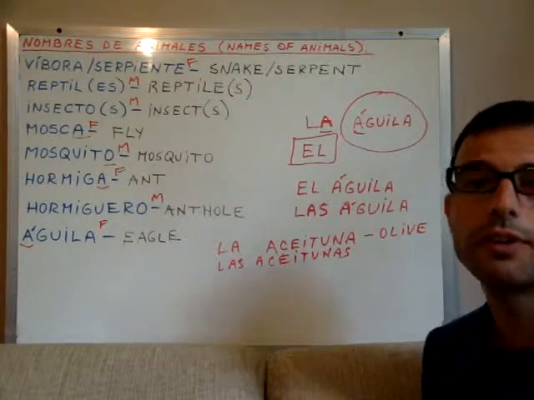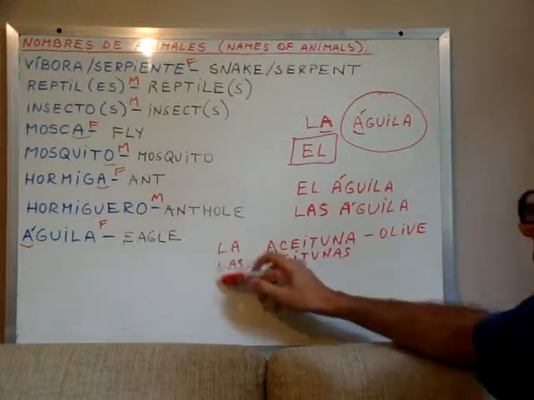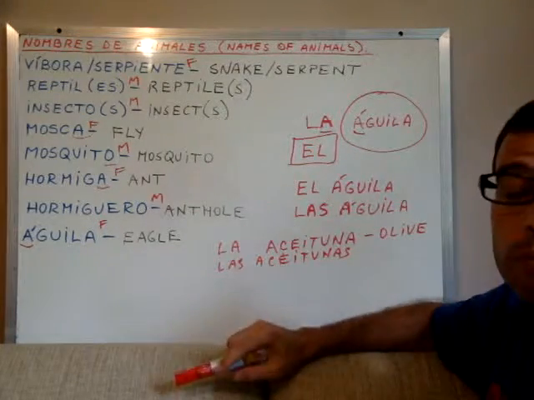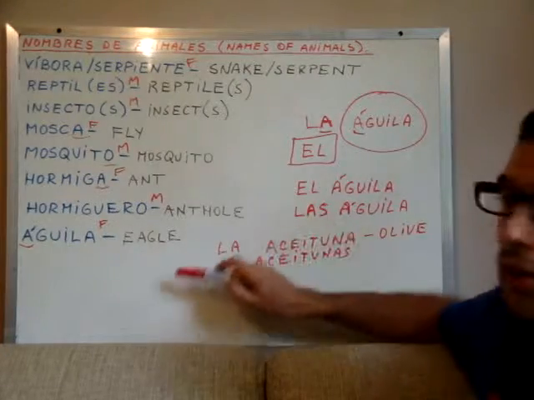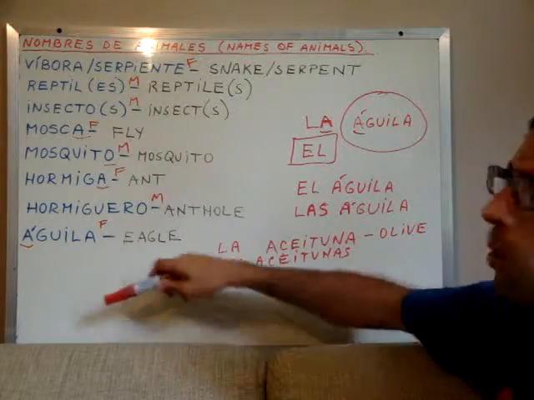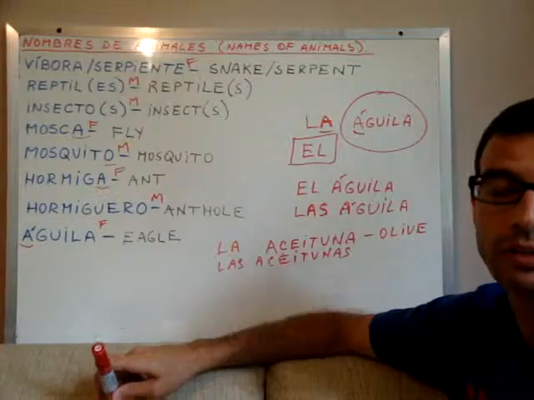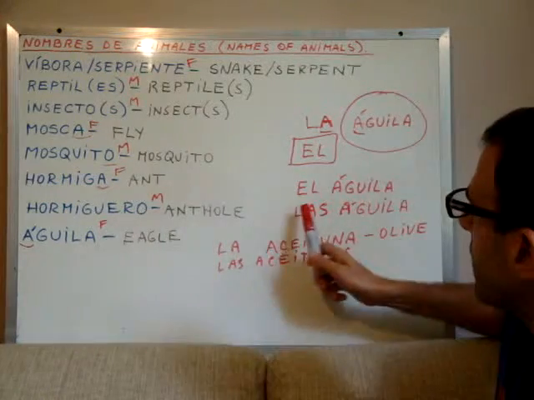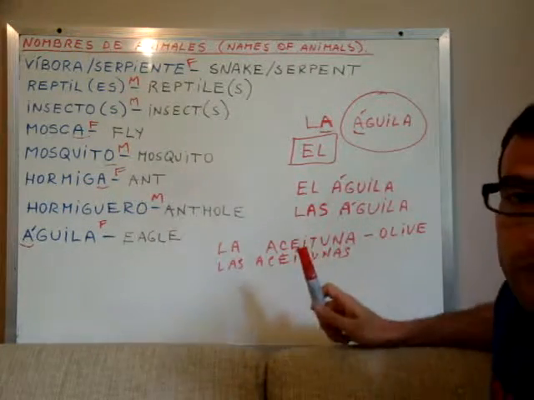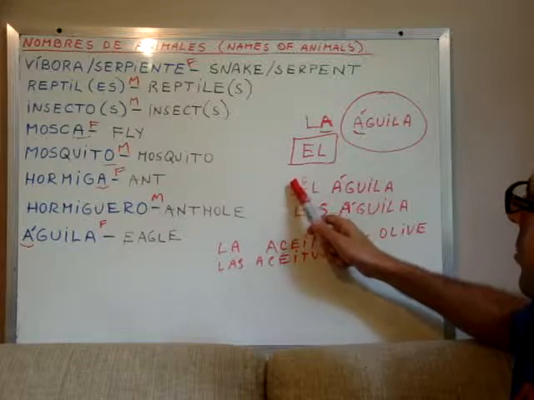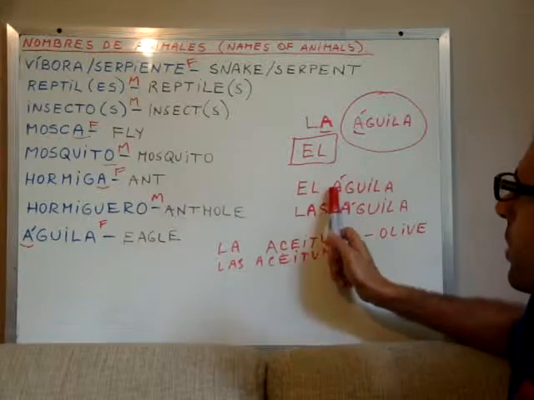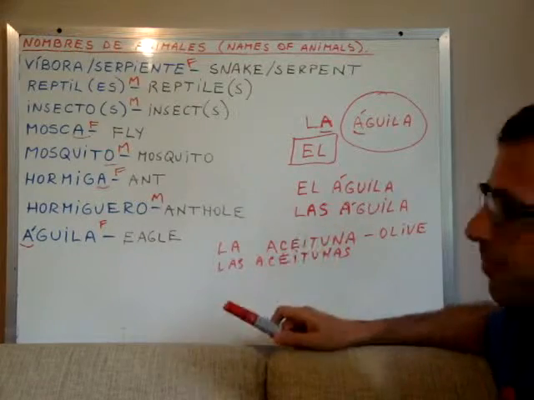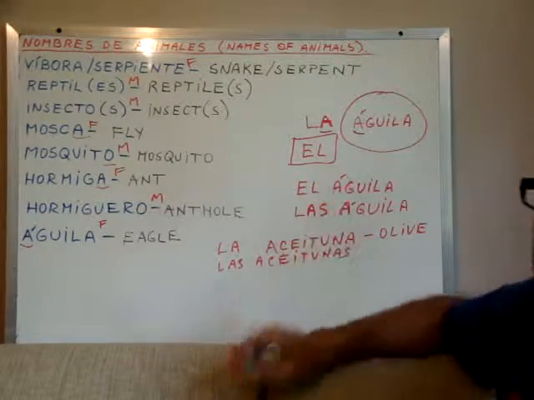I don't know if there is another exception like this one in the Spanish language, but in principle I would say that excepting this word, perhaps all the other nouns that are feminine and begin with an A, like águila for example, use the masculine article, right? When singular, like el águila.